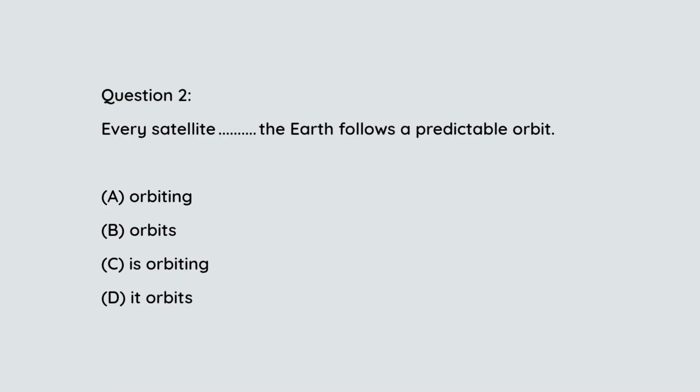Look at question 2. In this sentence, the subject is every satellite, and notice that we already have a main verb follows in this sentence. That means we don't need another verb like orbits or is orbiting. Also, it orbits is incorrect because we already have a subject, every satellite here, so we don't need the pronoun it.